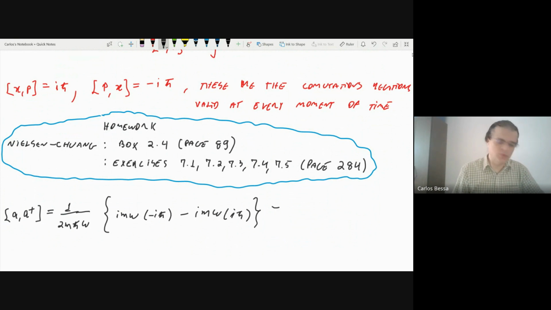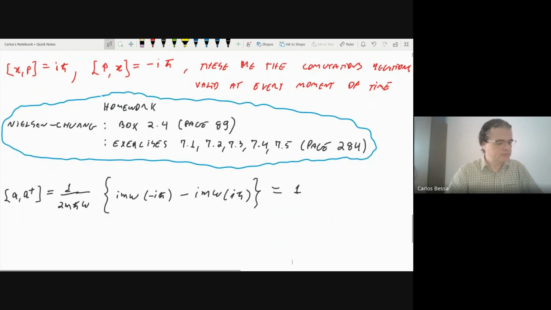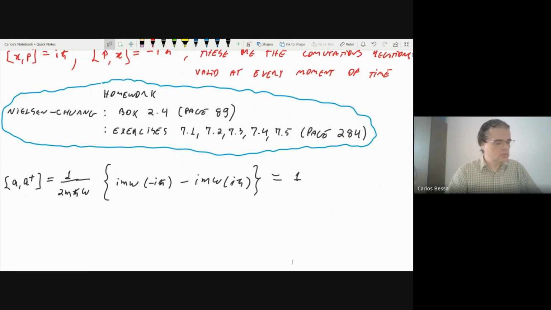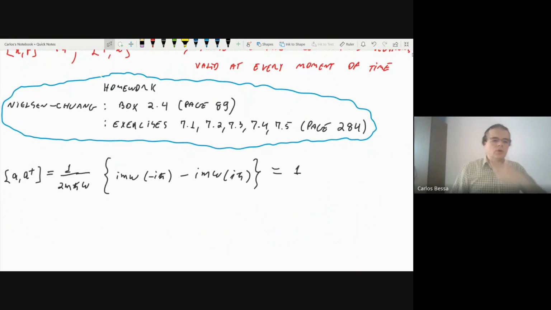And this will be simple, all the identity matrices, but we'll use this simple notation. So, okay, this is the commutation relation of A and A dagger.